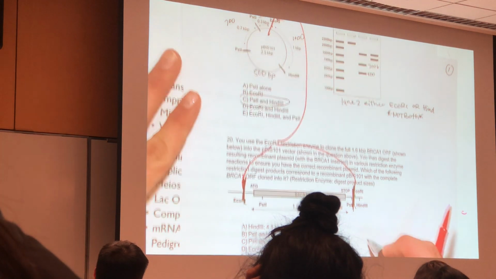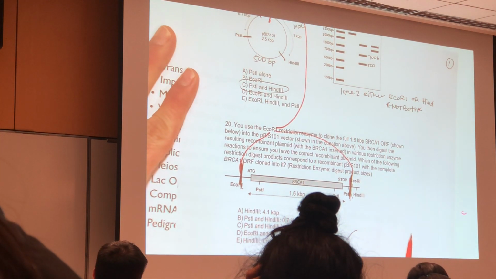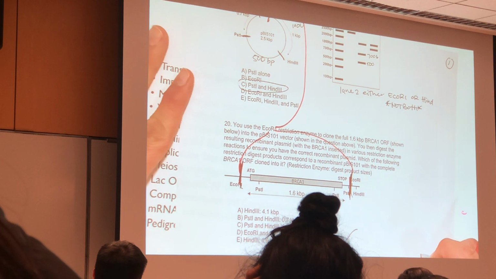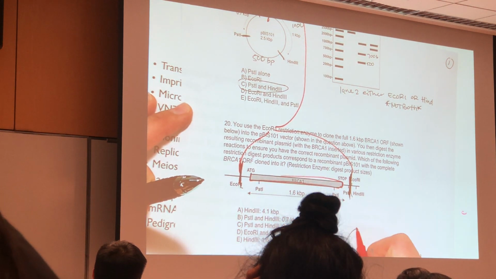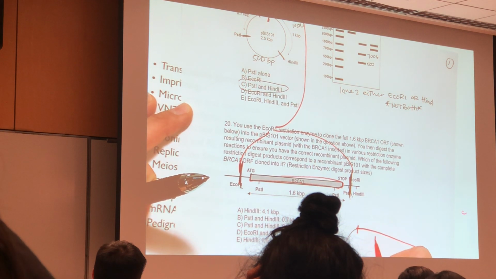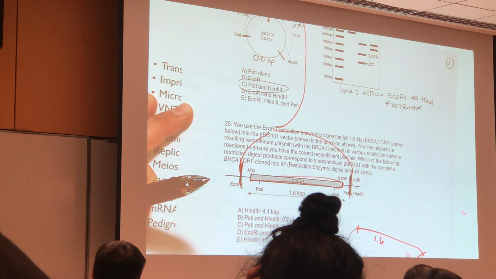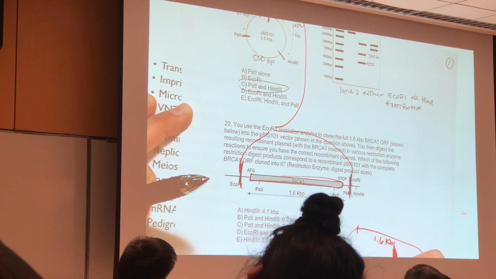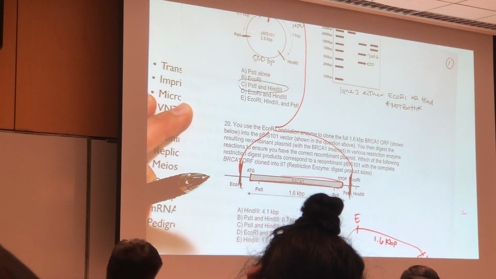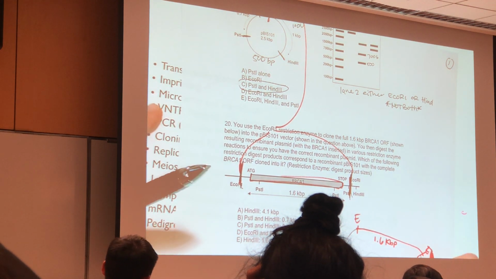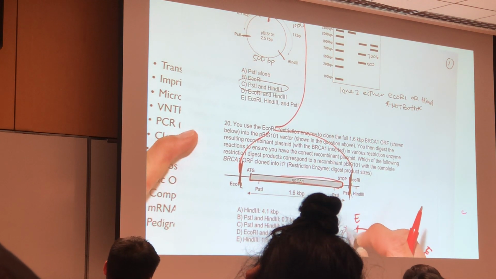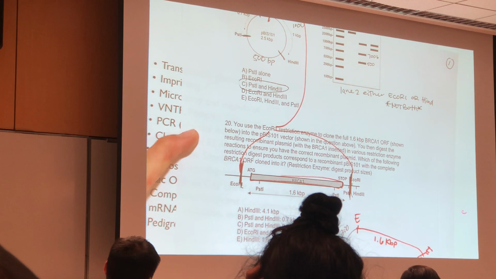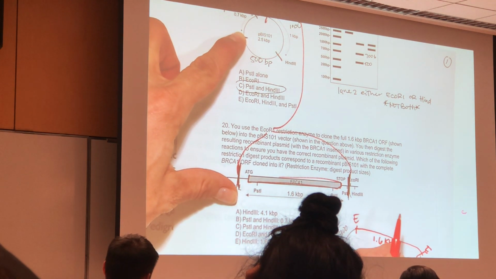I will draw that out if you would like me to. Make this red. This is going to be 1.6 kilobase pairs, or 1600. We're going to have an EcoRI site there and EcoRI site there. We're going to have a PST1 site 300 base pairs away, another PST1 site 700 base pairs away.